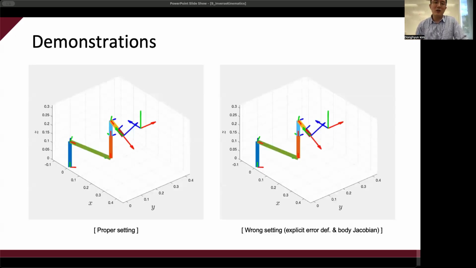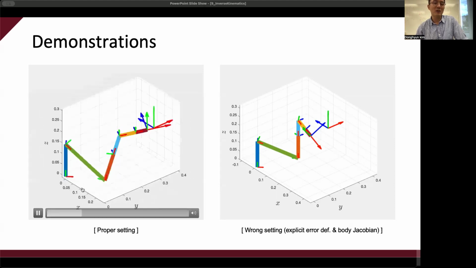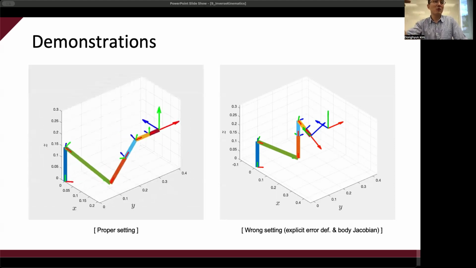This is just an animation in case you made a mistake. So let's say this is our target frame, orientation and position. And currently, this is also a 6-degree-of-freedom robot. Here, if we use the proper Jacobian and the error definition, then it goes to the target right away.